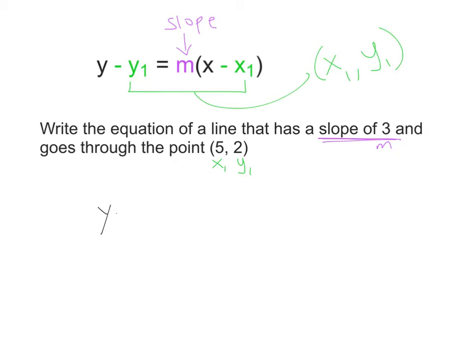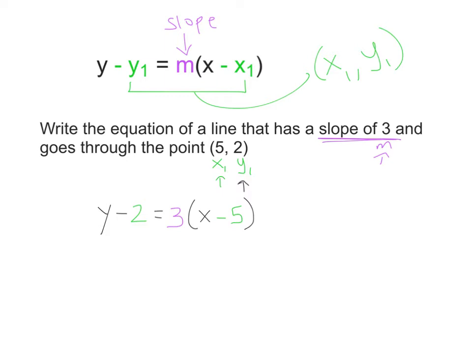So if we wanted to write y minus our y1 value, which is right here, we'd write y minus 2 equals our m value, well here's our m value, 3, and then parentheses, and again I hope you notice I'm just rewriting this right here directly below. I'm just filling everything in the same. So now we're going to write x, and then we need our x1 value, right? So our x1 value is 5 right here, so we're going to write -5.